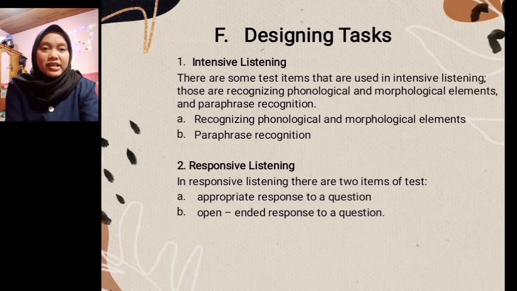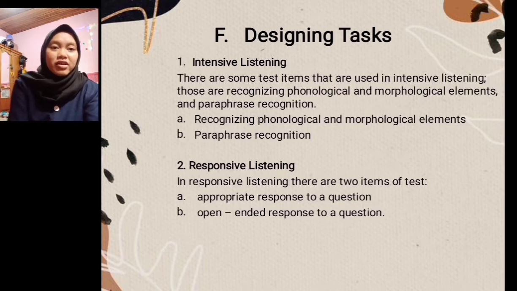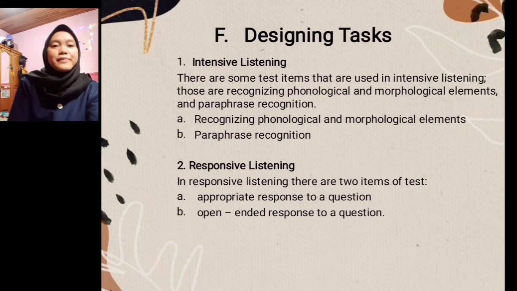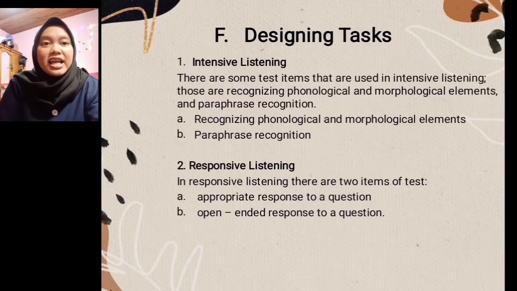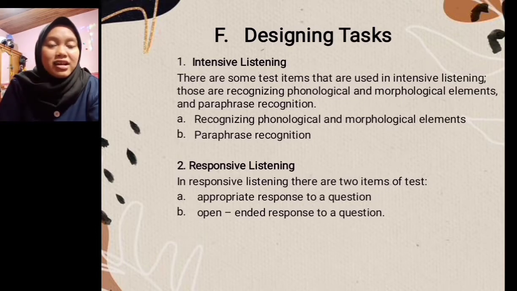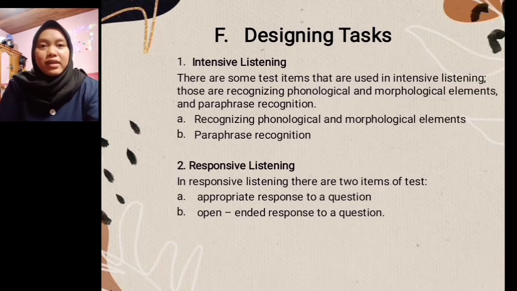Oke, kita akan bahas yang pertama, recognizing phonological and morphological elements. Jadi di sini kita memberikan soal listening itu, usahakan hindari kata yang dapat membuat si pendengar itu kebingungan.